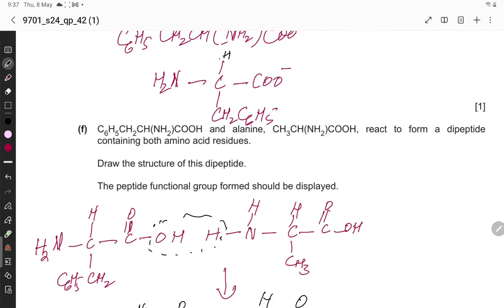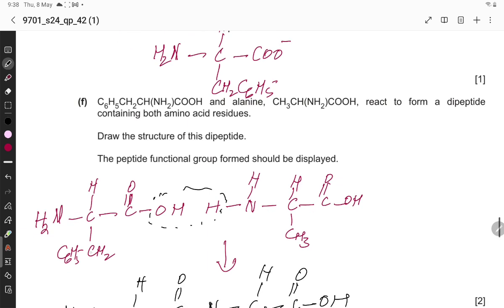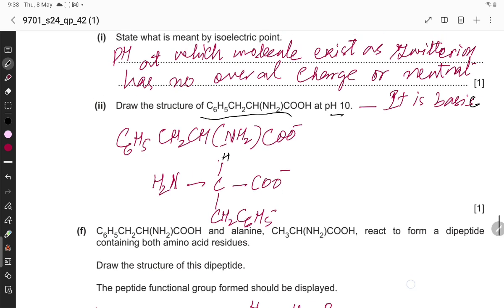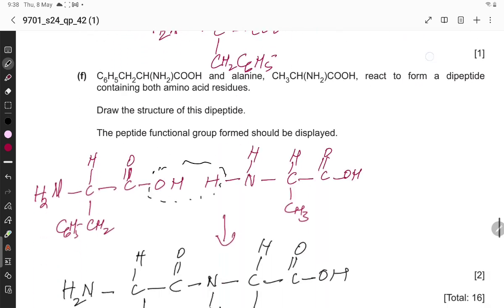Phenylalanine and alanine react to form a dipeptide containing both amino acid residues.